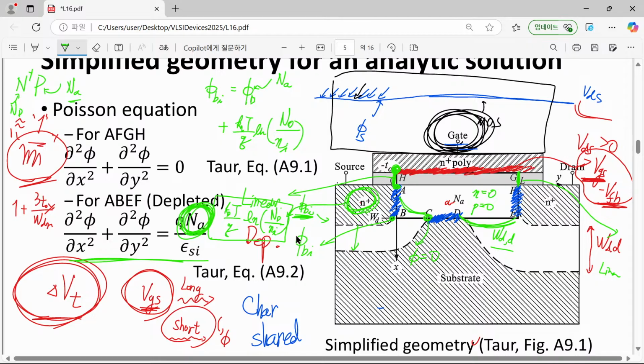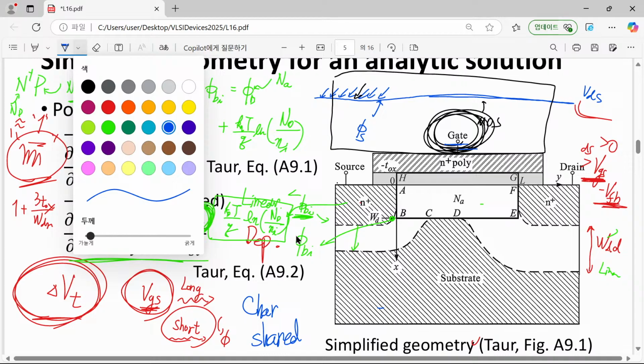This is a big advantage of that equation. Then of course, please don't be fooled by this trick. The trick we should understand is actually this box itself.